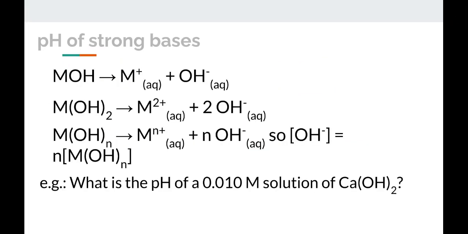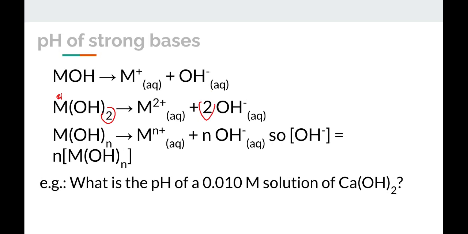pH of strong bases. Strong bases are all going to be ionic compounds that have hydroxide ion as their anion. So that might be a +1 cation, a group 1 metal. So you get 1 hydroxide for every mole of MOH, where M stands for some group 1 metal. There might also be 2+ group 2 metals. Well, in that case, it's going to be a formula where there are 2 hydroxide ions released for every mole of the metal hydroxide.